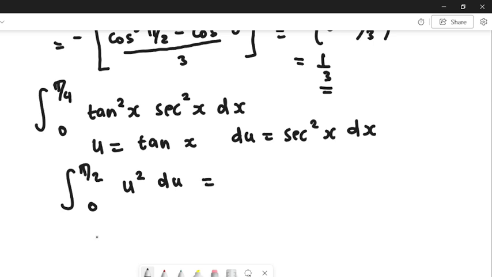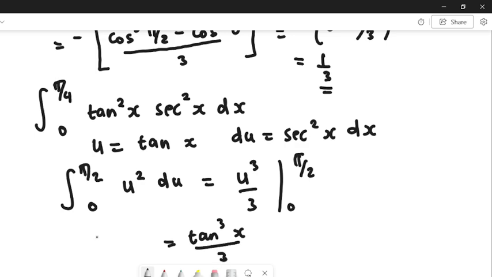So this one is u cubed over 3 from 0 to pi over 2. But we know that u is tan, so we have tan cubed x over 3 from 0 to pi over 4. Sorry, this is not pi over 2, this is pi over 4.